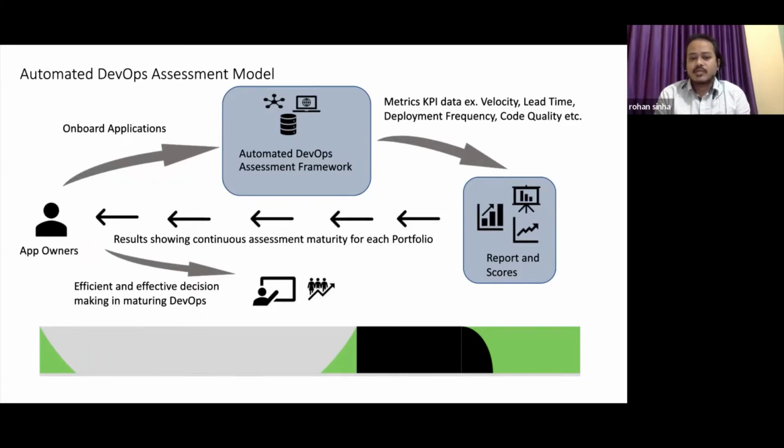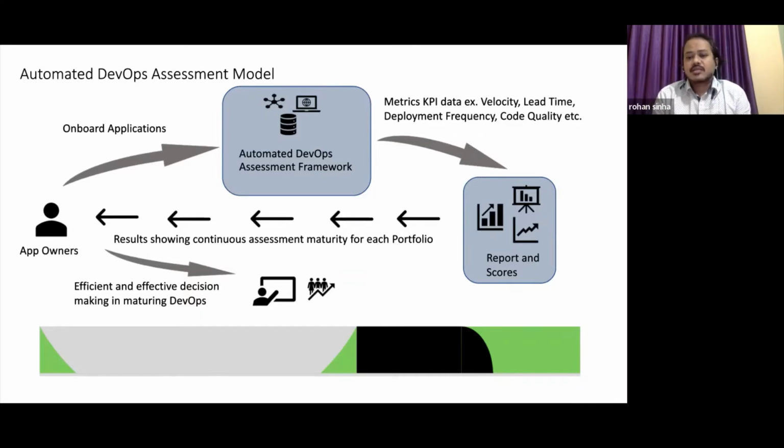But to be able to see that, he would need to onboard his application into the framework, that is, the automated DevOps assessment framework. This framework is developed so that you can onboard applications seamlessly, so that the required data is passed through the framework in a timely way, and the calculations are done inside this framework.